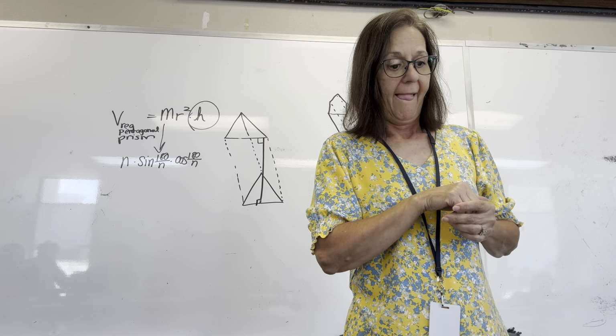If the bases are equal, and I place a cross section of each of them between parallel lines, then their volumes are going to be equal.